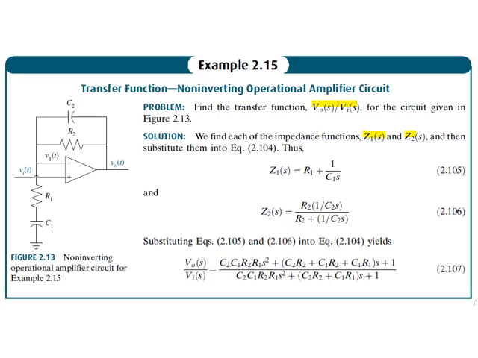If you look at impedances Z1 of S and Z2 of S, Z1 consists of two components connected in series, whereas Z2 of S consists of two components connected in parallel. By using the desired relations for series and parallel impedances, we'll find our desired transfer function V0 of S over Vi of S.